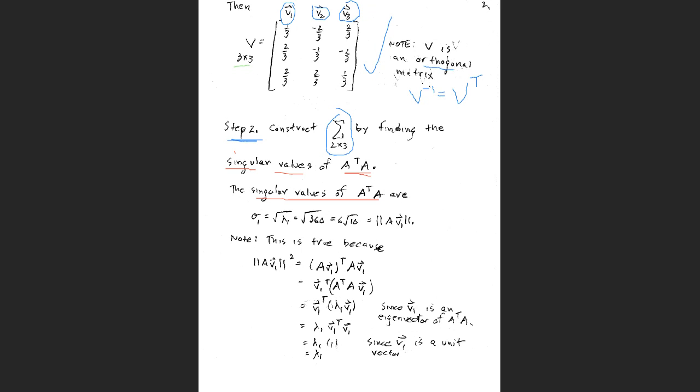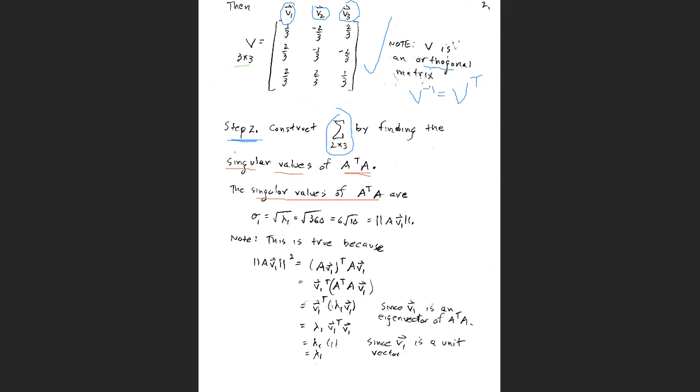You're not going to get a negative eigenvalue in the problems for section 7.4. The eigenvalues of A transpose times A will not be negative.